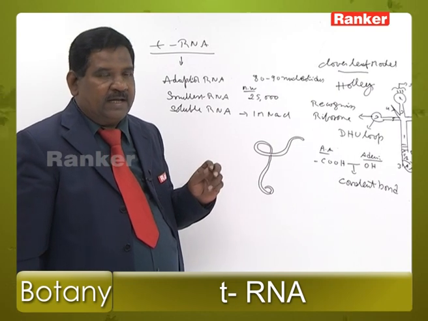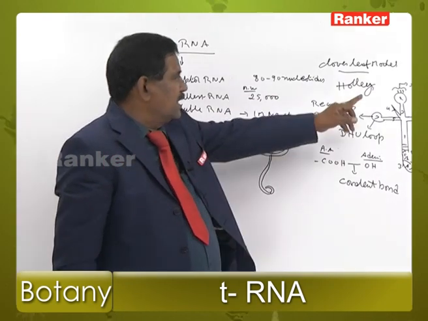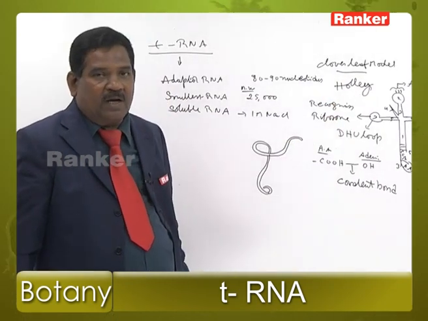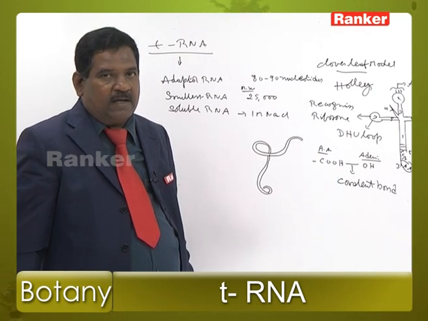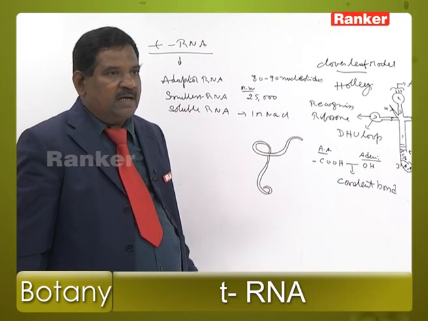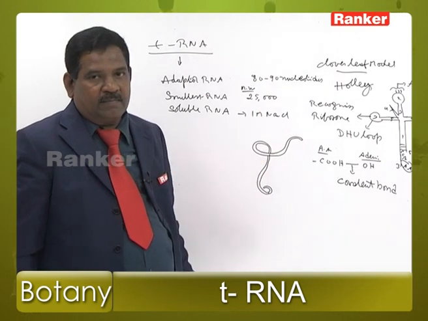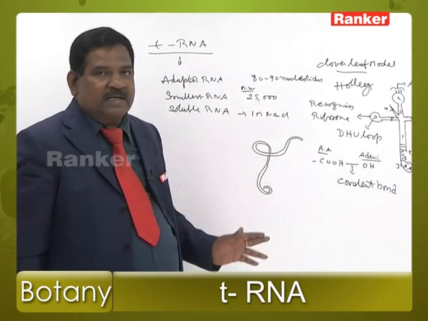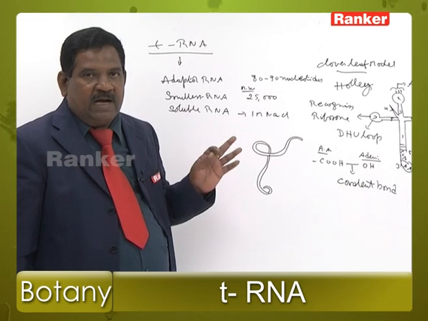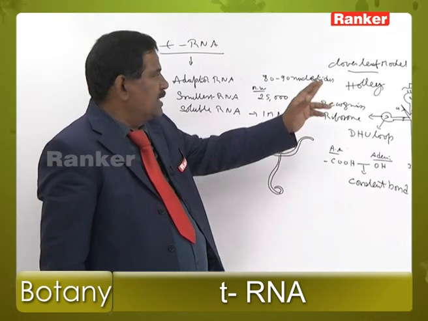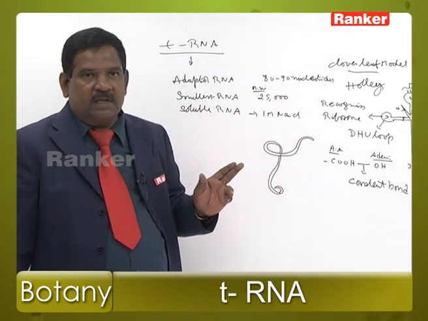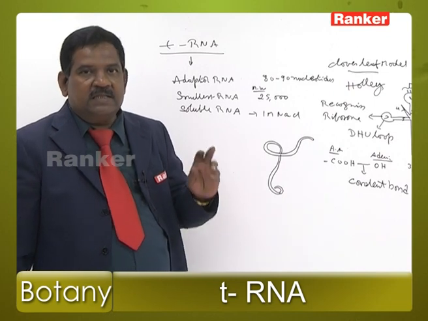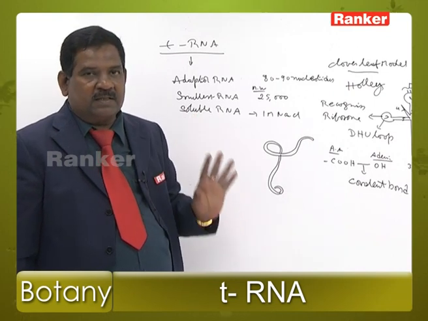The type of t-RNA is based on the type of anticodon. Total types of t-RNA are 61, and the type of codon depends on the type of anticodon. 61 sense codons, 61 anticodons.